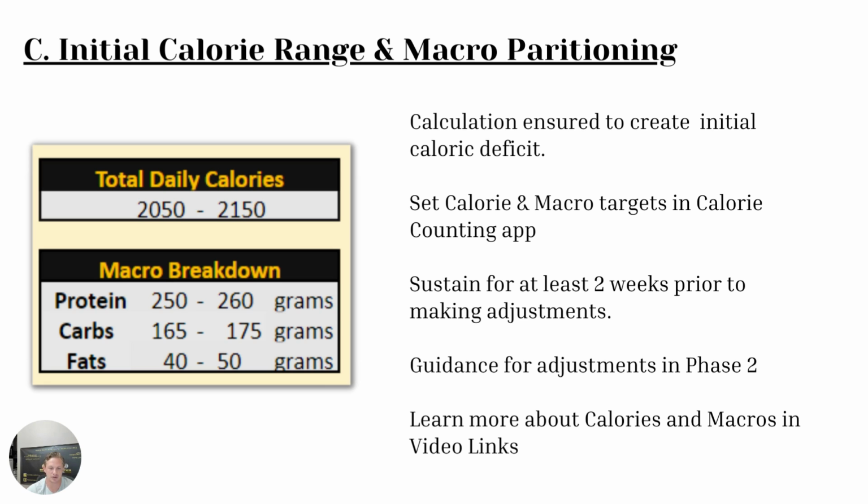Now, I advise that you sustain these numbers for at least 2 weeks before making any adjustments. There might be an adjustment period to figure out how you're going to accumulate that few or that many calories. That's fine. That's why we're giving it 2 weeks, because the guidance for how we want to adjust will be given in the next phase.